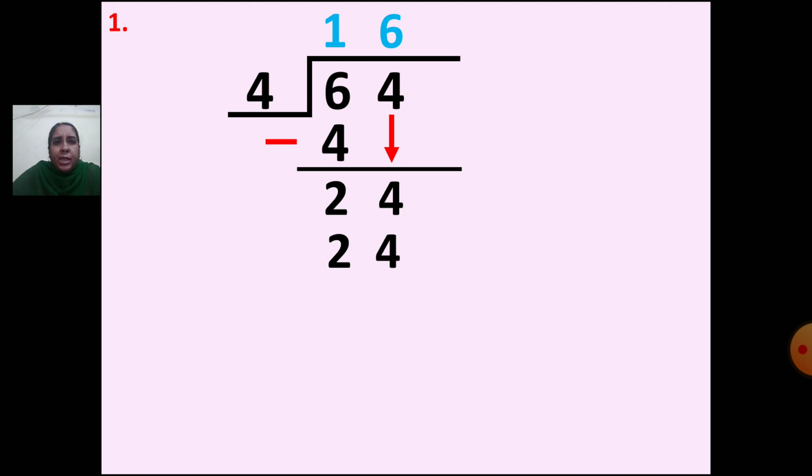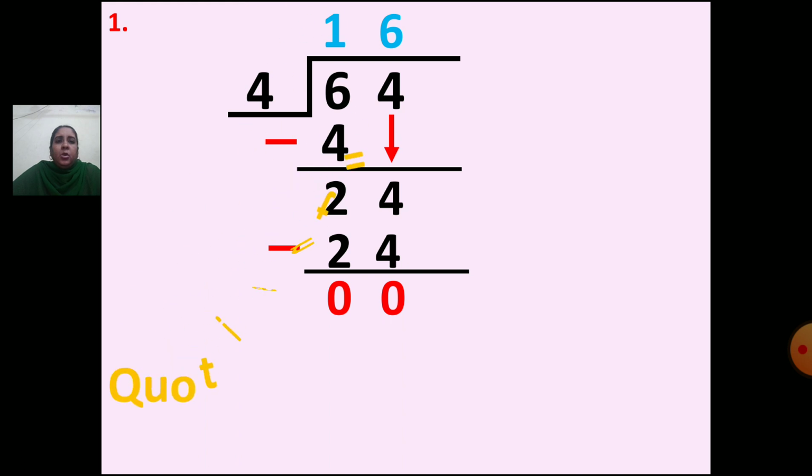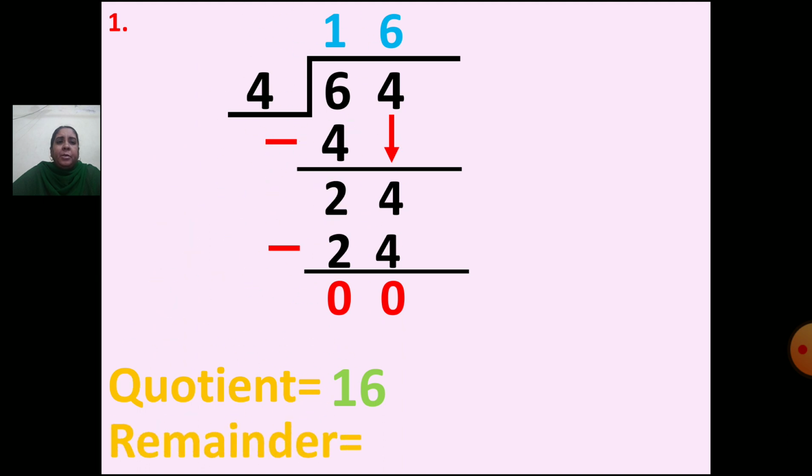Then you will put the sign of minus. Draw one line. Now you will do subtraction. 4 minus 4 is what? 0. 2 minus 2 is what? 0. Very good. Now what is the quotient here? Quotient is 16. Very good. And what is the remainder here? Remainder is 0. So this way you have to do the sum.